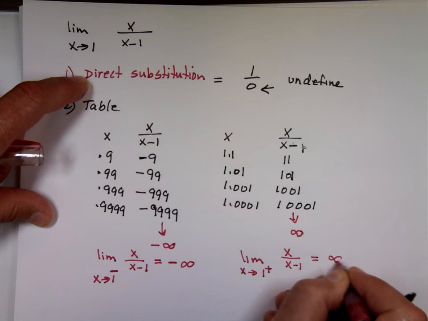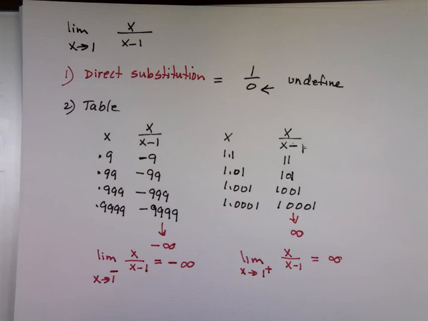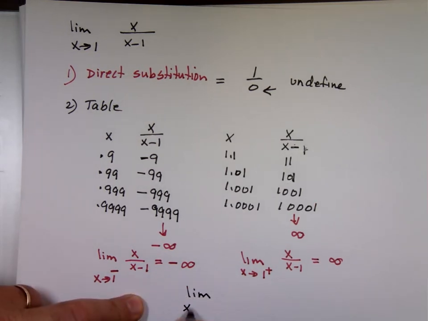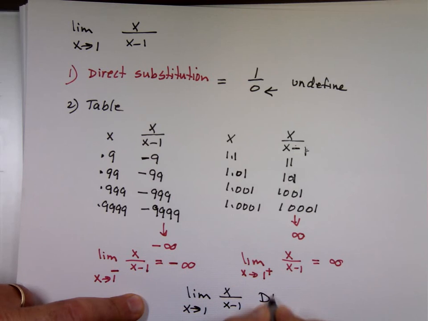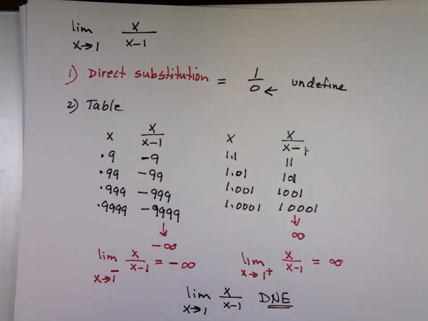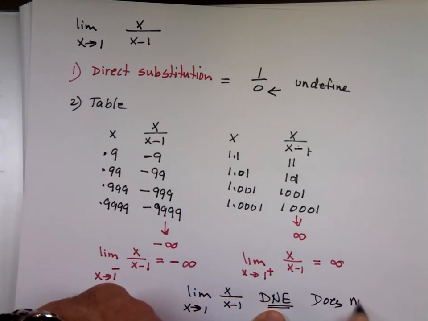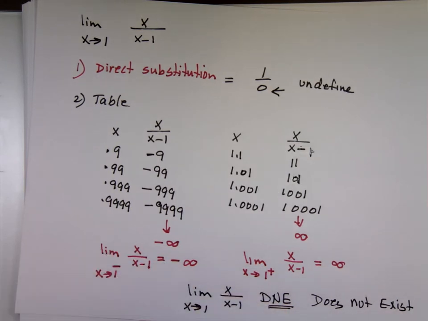Since these numbers are not matching, they're not the same, there is no limit. So the limit as x approaches 1, I'm not saying plus or minus here, is DNE. DNE stands for what? Does not exist. We have no answers to it.